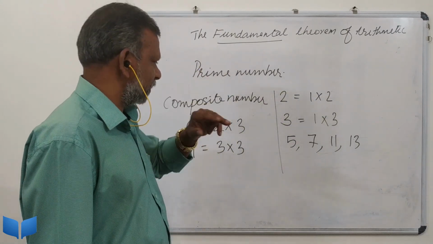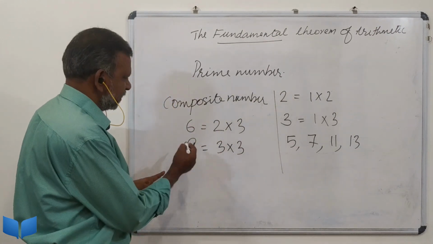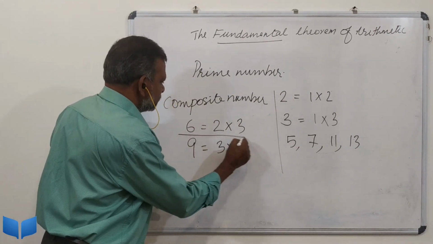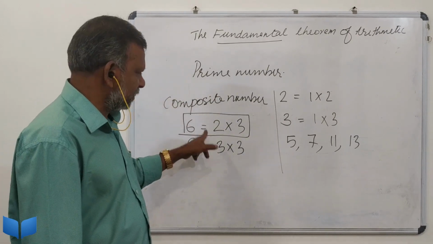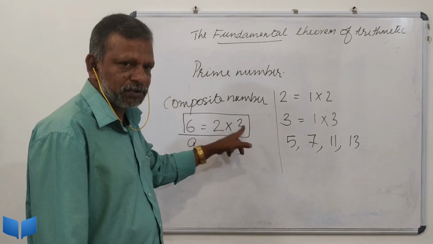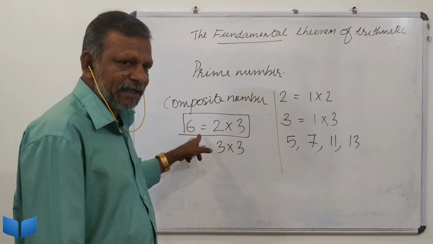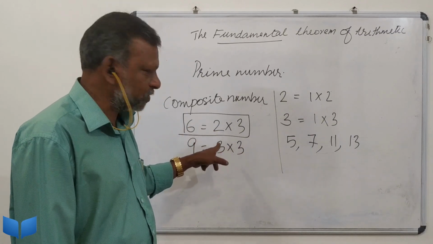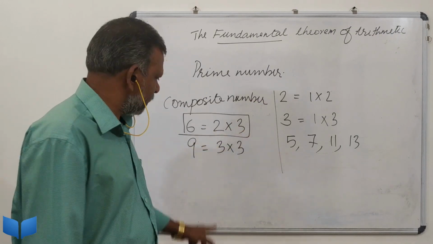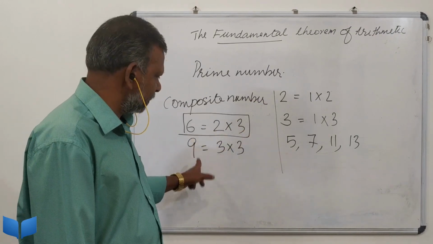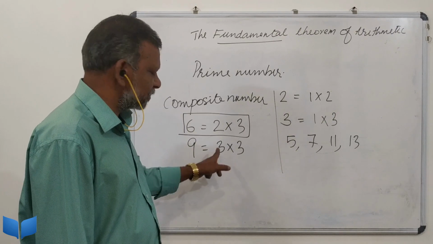Then what is the fundamental theorem? Now we take the number 6. Here 6 is a composite number. This 6 can be factorized as 2 into 3, or 6 can be expressed as the product of 2 and 3, the prime numbers. And 9 can be written as the product of 3 and 3.